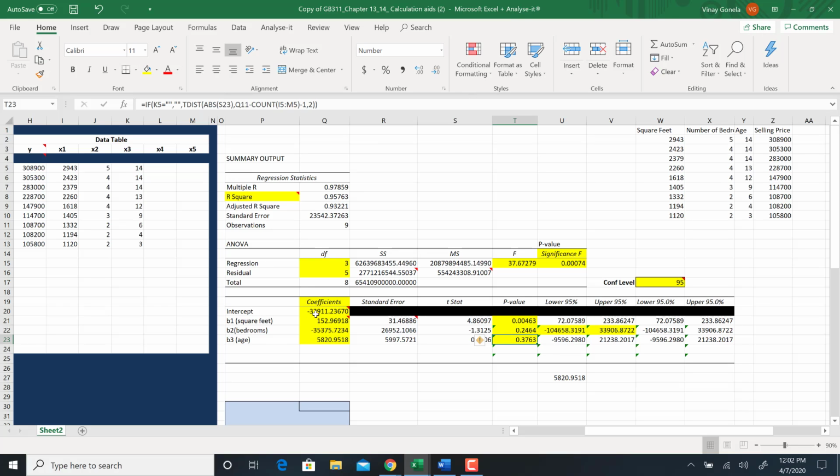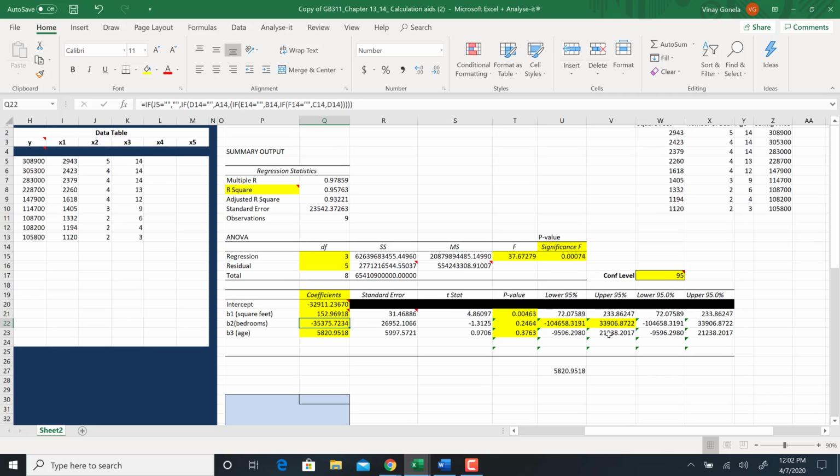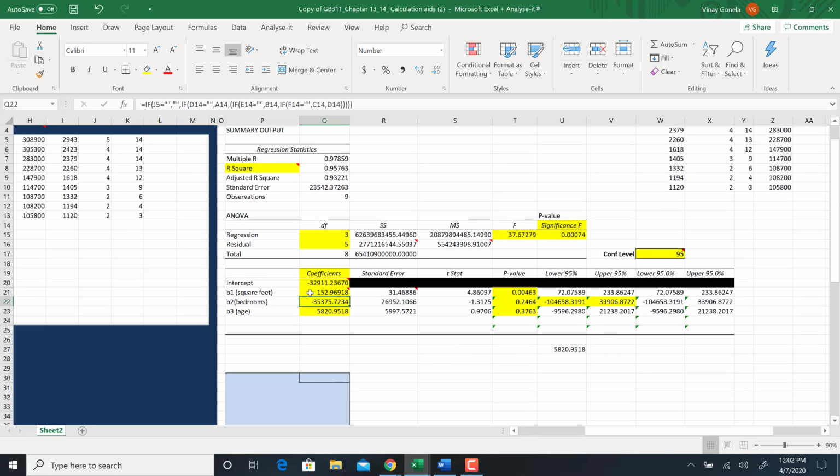You might get confused when you look at this: this is a point estimate, the expected value, and this is the range. For each one of them you have a mean and then a range, like we did in the normal distribution curve. I will discuss that again once I finish the beta 3 evaluation.